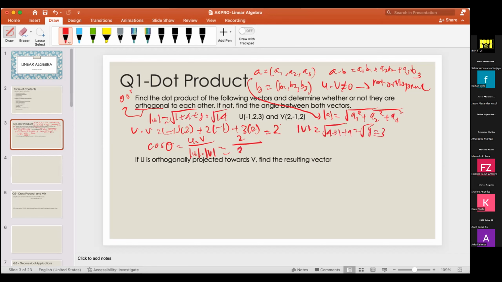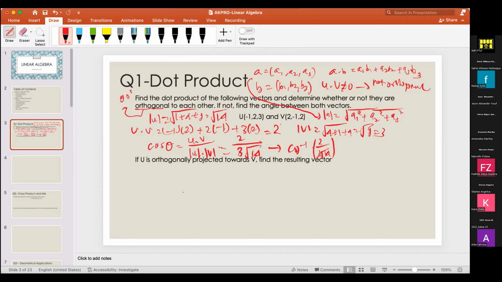And so this is 3 times root 14. Okay. And so next, we're going to calculate the value of theta simply by using cos inverse of 2 over 3 root 14. And I guess to save time, if you want to plug this into the calculator, go ahead. But now I'm just going to leave it here just to save time.